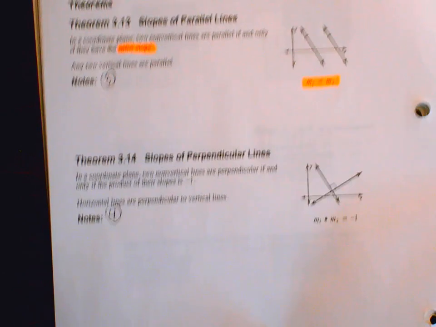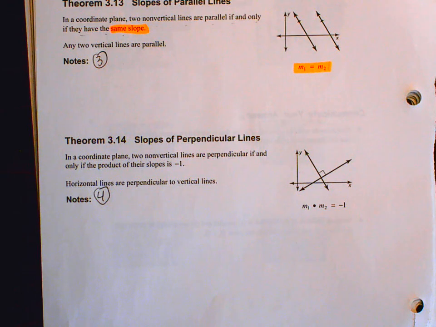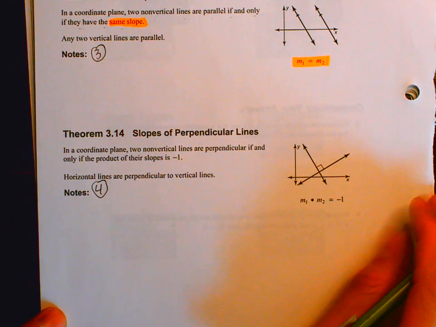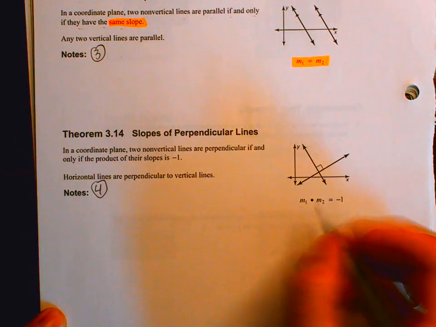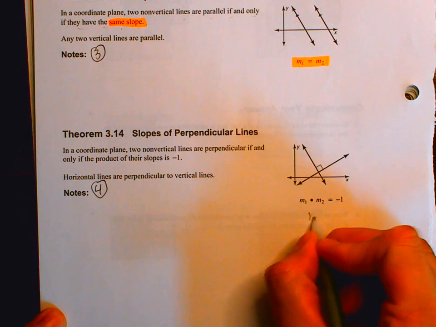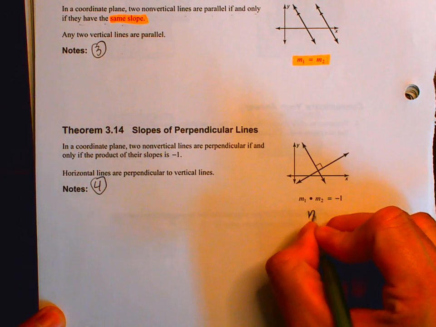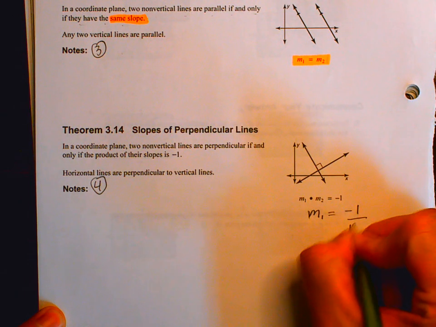Now, if the lines are perpendicular, that means that the product of their slopes is -1. I like to think about it as the opposite reciprocal. The product of the slopes is -1. If I were to divide by one of the slopes, I would have m1 equal to -1 over m2.